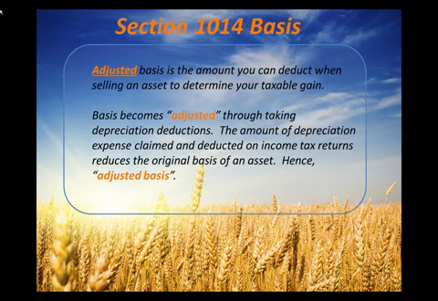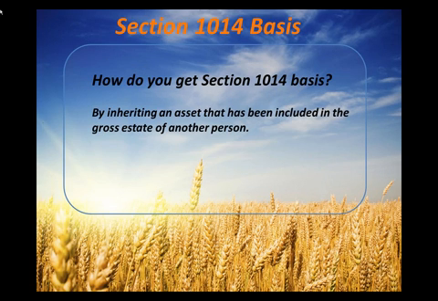Therefore, you get the term adjusted basis. For example, if you purchased a combine for $350,000, typically that's a 7-year depreciation deduction. So after 7 years, the basis of that combine may be 0 instead of $350,000. And that would be the adjusted basis, would be 0.